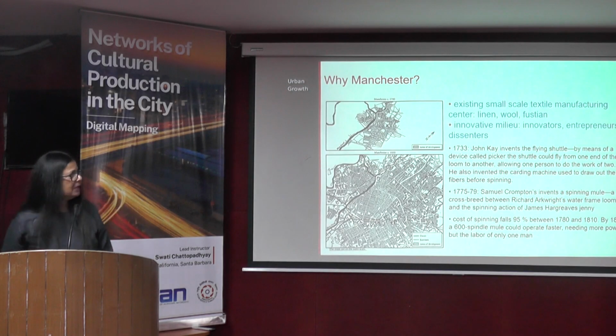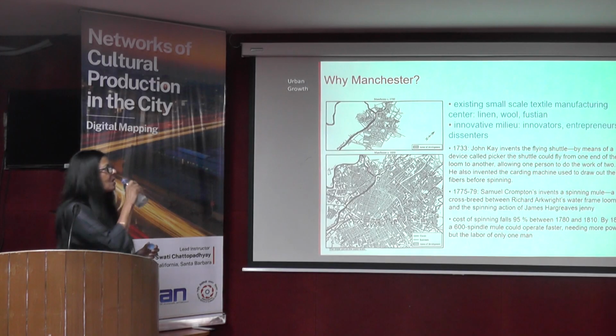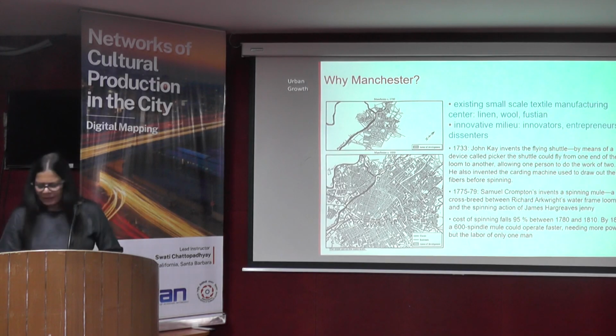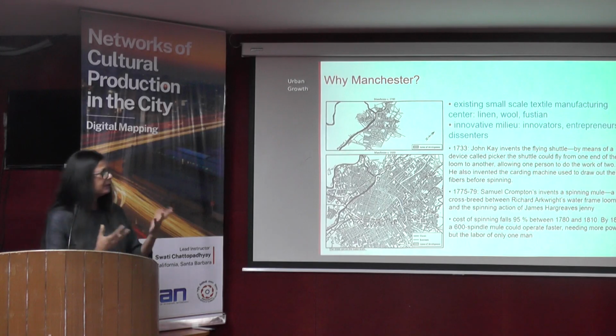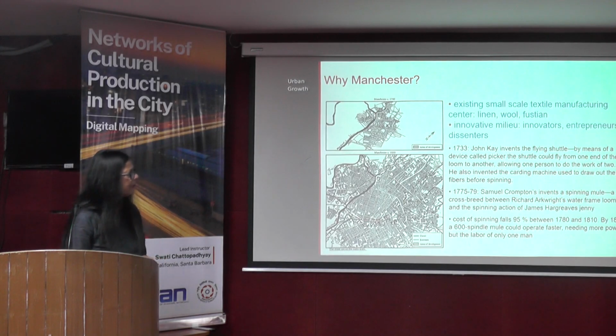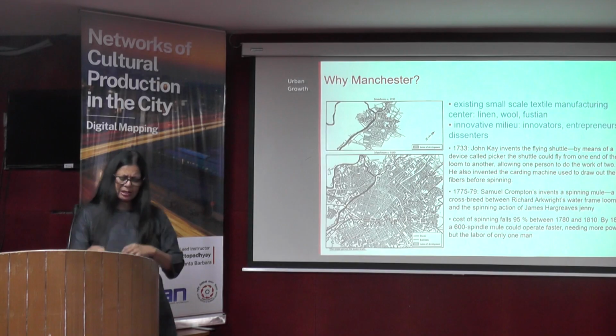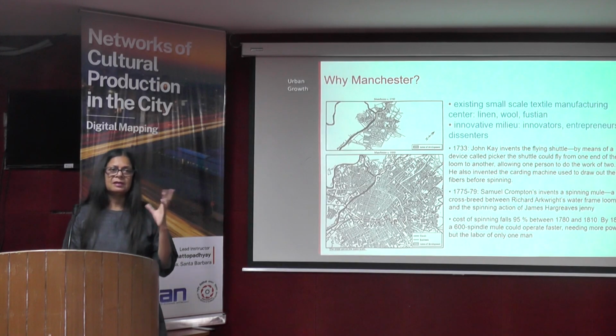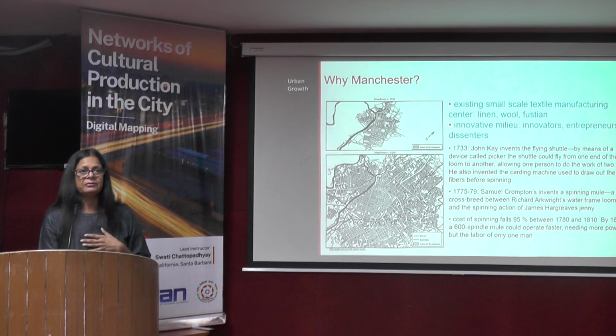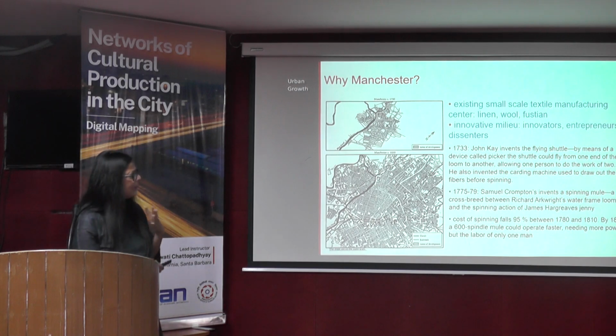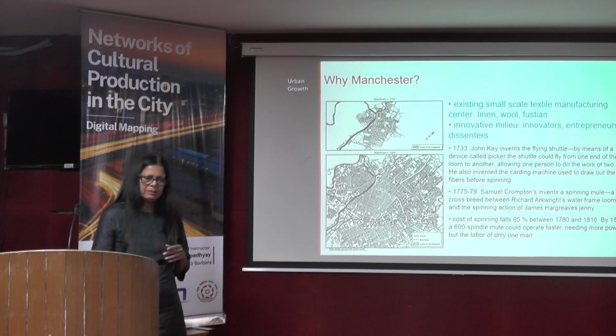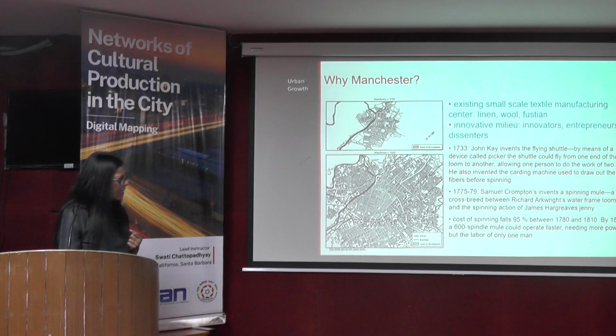Now Manchester is interesting because it already had small-scale textile manufacturing, but it came together with what is described by Peter Hall as an innovative milieu. That milieu allowed rapid innovation, one person picking up from another. They freely stole each other's ideas and made them better. I don't want to get into the details of that.